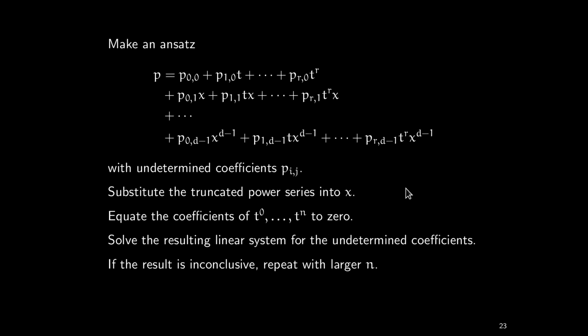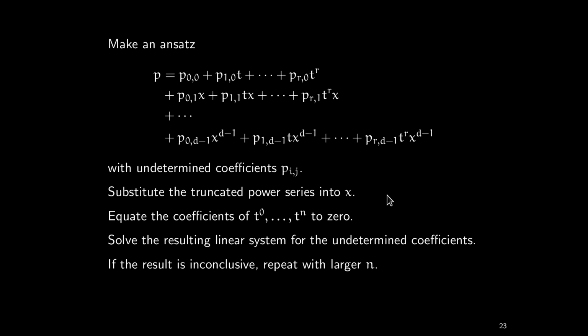And this result may be inconclusive. What does this mean? So there are three possibilities. One possibility is that the system has no non-zero solution. Then you know that there's no such p, and then the m is irreducible.